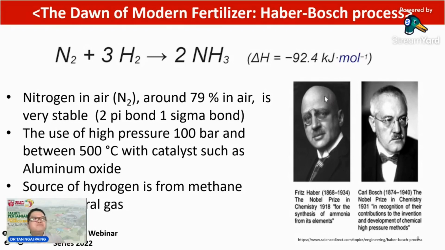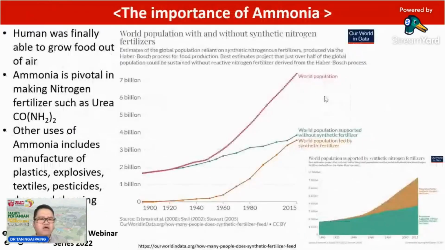That is why many countries nowadays that are able to produce oil and gas normally work into producing ammonia as well, more specifically urea, to produce nitrogen fertilizer, because this formula requires a lot of energy to break the bond and let the electrons reconfigure to finally become ammonia. So it takes a lot of energy.